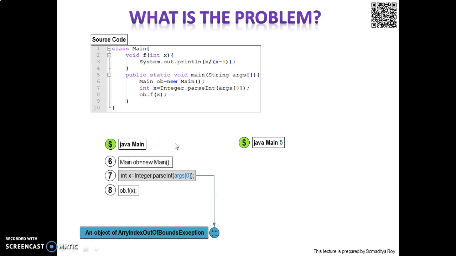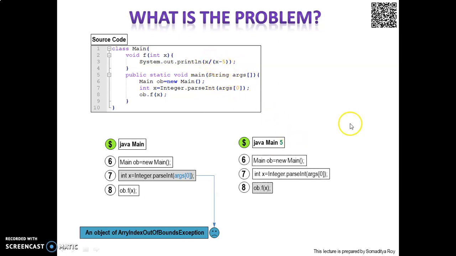Now what if we pass a value which is 5? Well, if we pass 5, then parseInt changes it to integer 5, and now we will send 5 here. So f now gets 5, and here we try to get the value of 5 divided by 0.